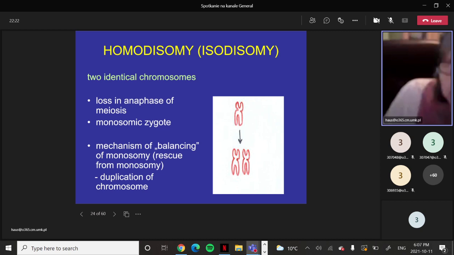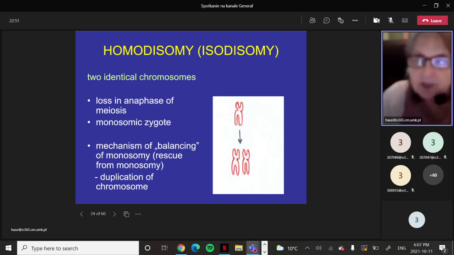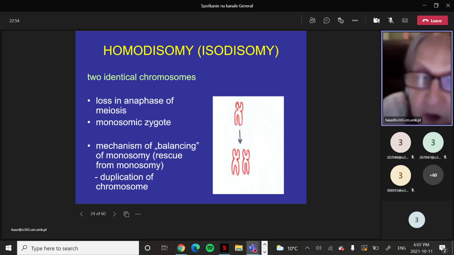And imagine the situation that this red parent has on this chromosome an autosomal recessive gene of a disease. Yes. So this child, which will be born from this zygote, will have this disease inherited from this parent. The green parent has no mutation of this gene.